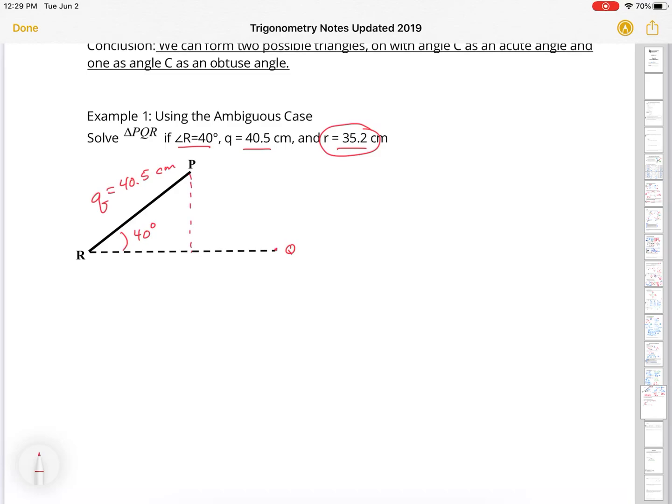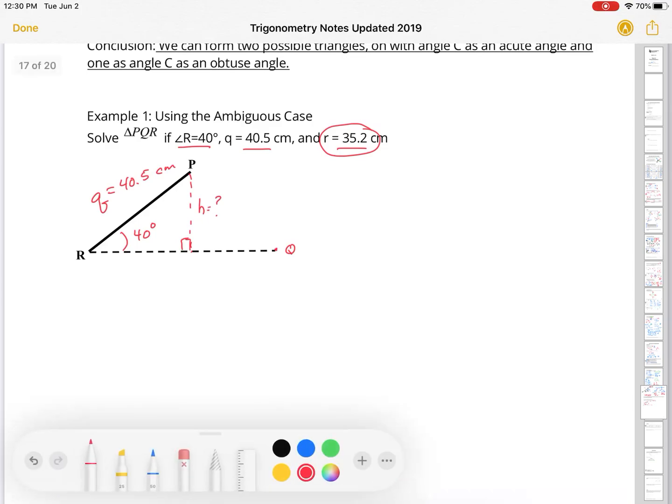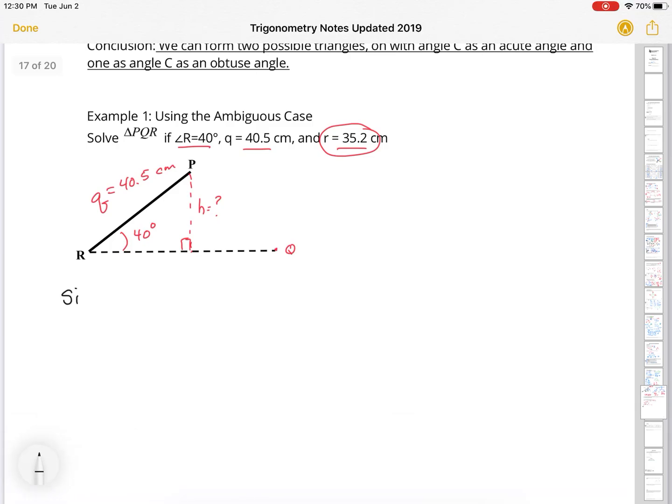So first we'll do the test. If this were a right angle triangle and we wanted to figure out what the height is, we would use our sine. So sine of 40 is equal to the opposite over hypotenuse. We know the hypotenuse and we are looking for the opposite, which unfortunately is called h, but that's okay.